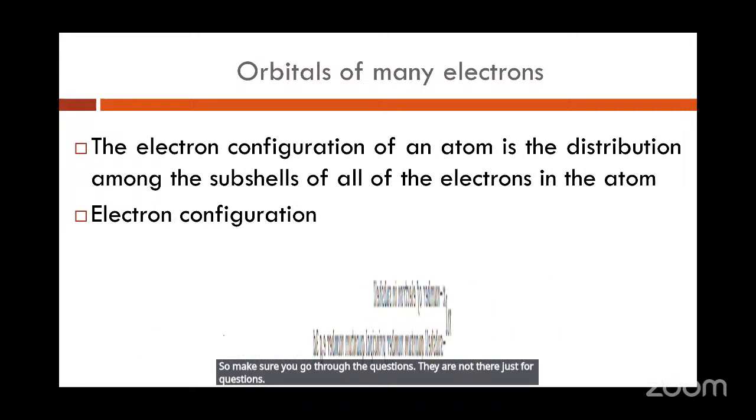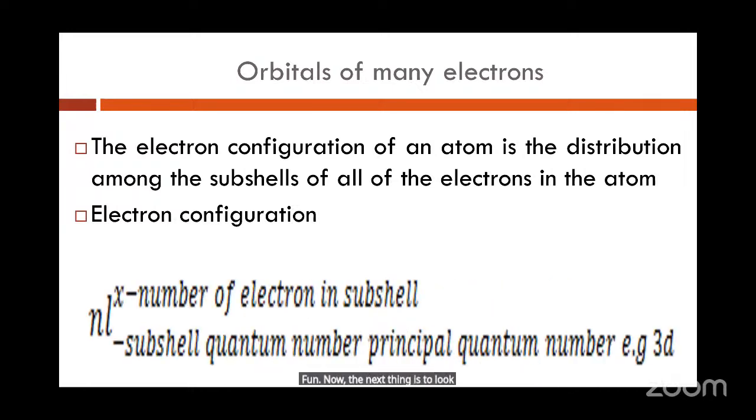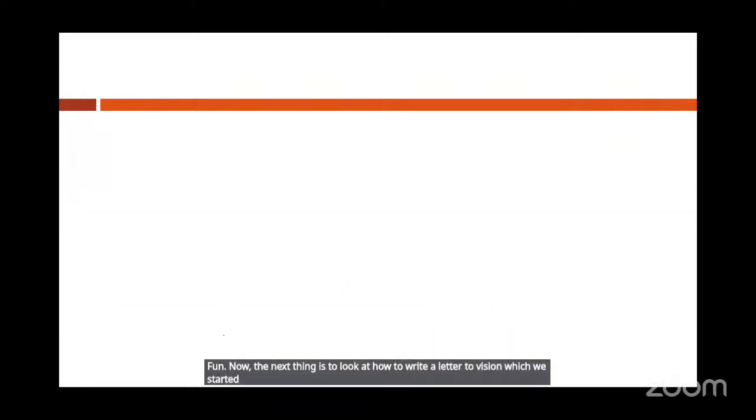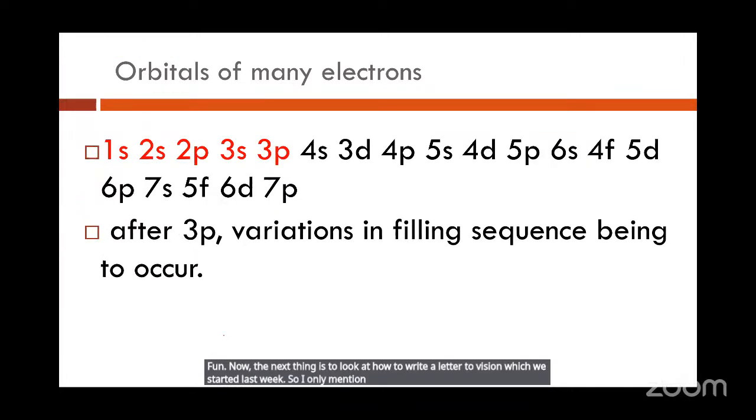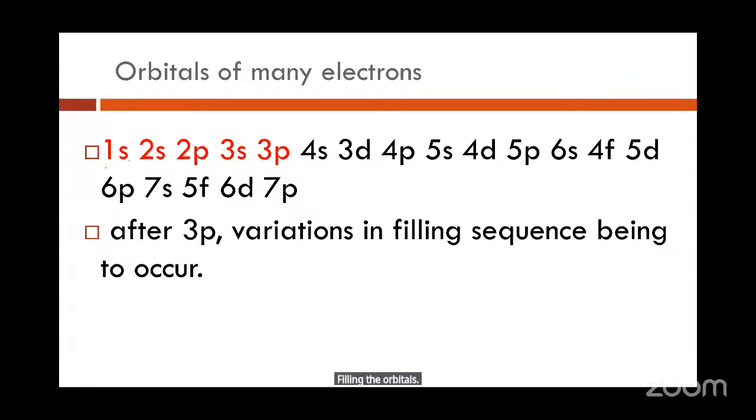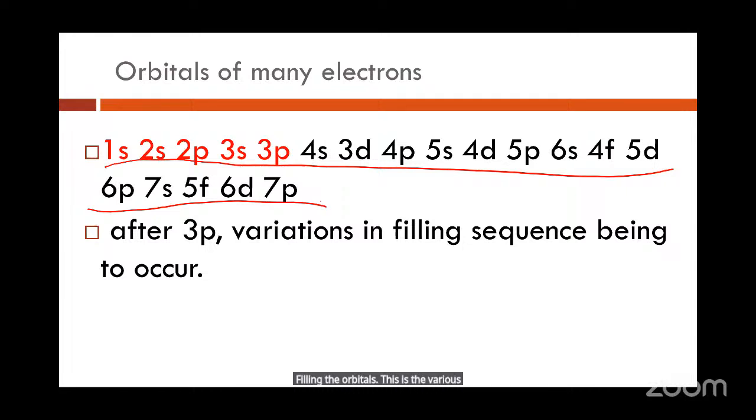Now, the next thing is to look at how to write the electronic configuration, which we started last week. I will only mention that in filling the orbitals, these are the various orbitals that you are supposed to fill, and that is the order. 1s is the lowest, so the electron goes into the 1s orbital without any problem.